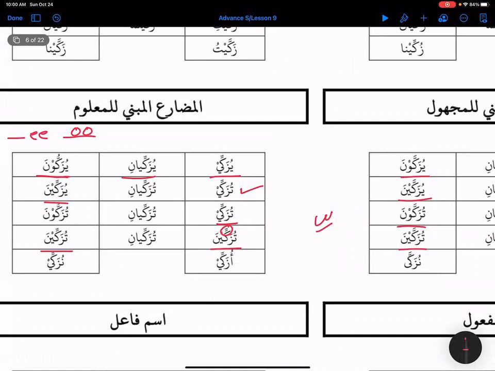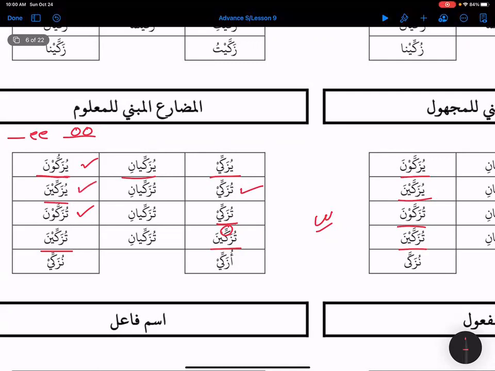Then uzakki, nuzakki. Okay, what is overlapping here? The antum version and antunna version. Yuzakkuna, and we know that for anta we just replace with ta, so yuzakkuna, tuzakkuna, basically not overlapping.